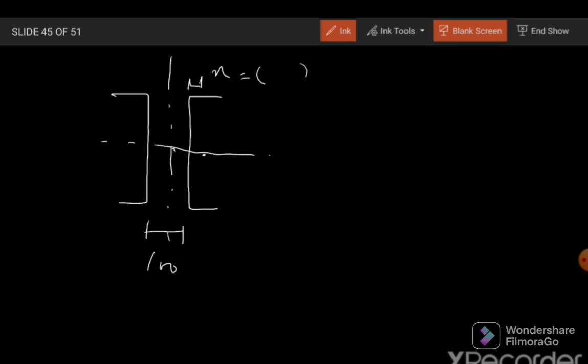If we want to calculate the Ix value, we need to consider this axis, and if we want to calculate Iy, then we need to consider this vertical axis. This section will have the minimum second moment of area corresponding to Iy, because in case of Ix, more material is lying away from the neutral axis or from the centroid, so the second moment of area about the x-axis will be larger as compared to Iy.